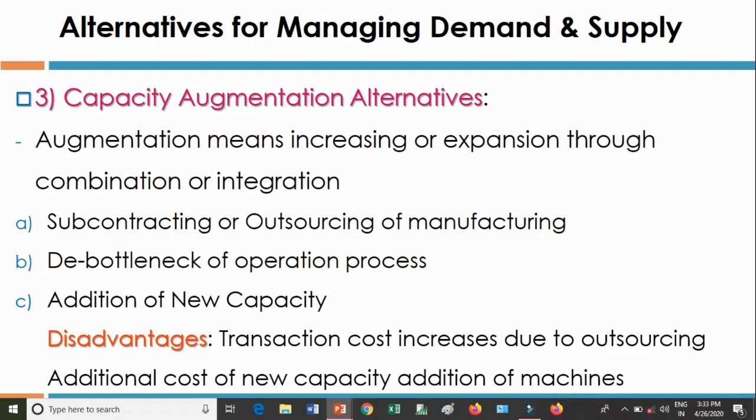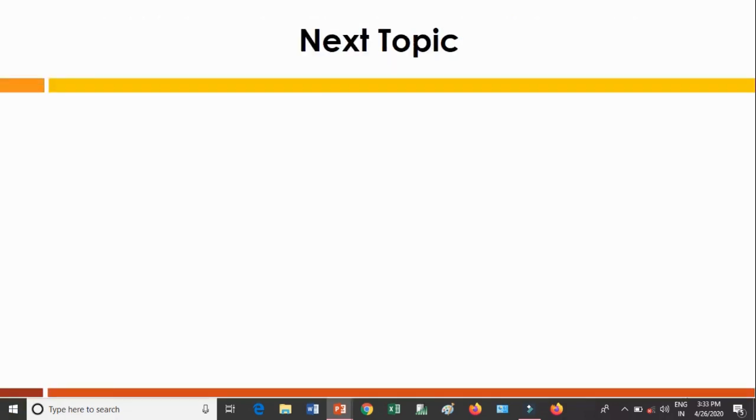It may also increase the additional cost of new capacity due to addition of machines. Thus, if the organization doesn't want to increase its capacity, managing with these alternatives will also help to deal with fluctuating demand in the market and can provide better services to customers, making them satisfied.